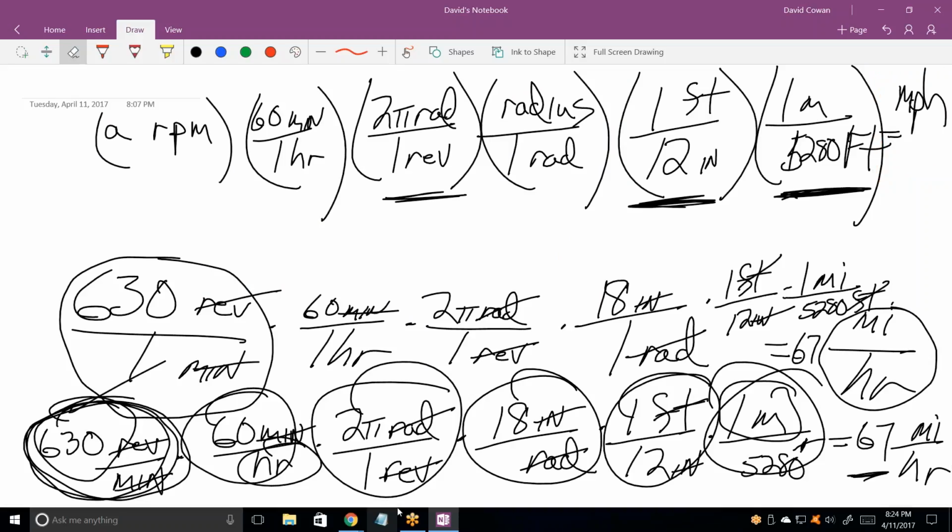But most of the problems that my students tend to give to me, the unknown tends to be either the revolutions per minute or the length of the radius. That's an unknown also. But there's only 3 possible unknowns, and that's the revolutions per minute, the radius length of the wheel, and the miles per hour.